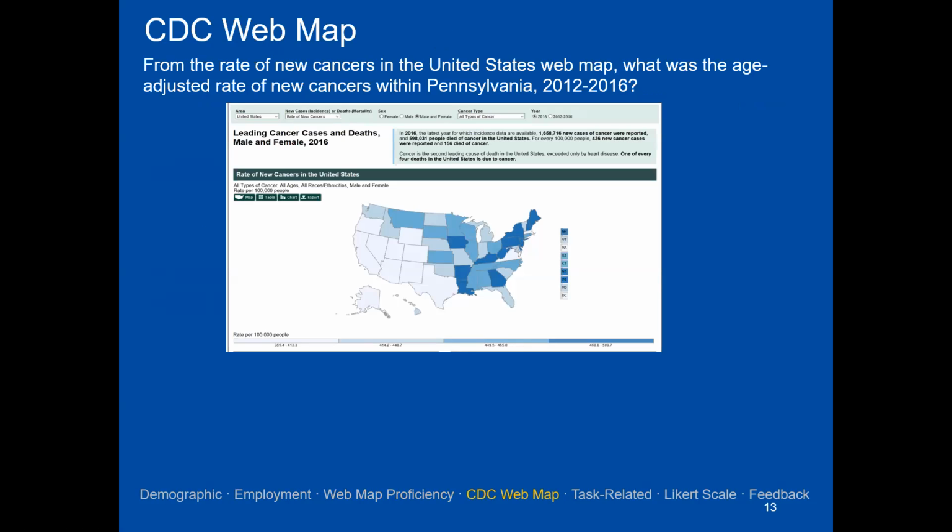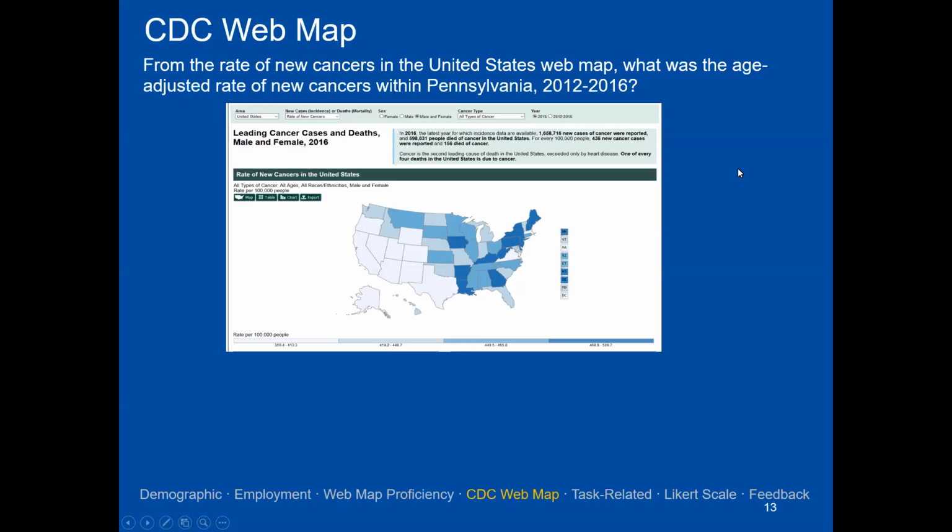The CDC web map showed the rate of new cancers in Pennsylvania. In this web map, what was the age adjusted rate of new cancers in 2012 to 2016? In order to do this, you had to move this radio button to here, and it gives you the correct answer.